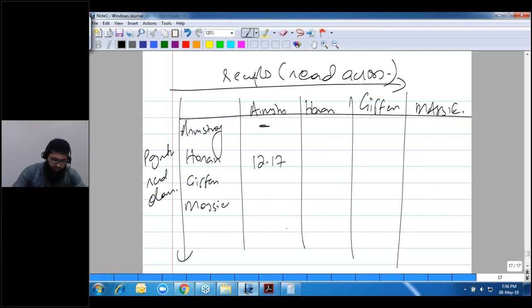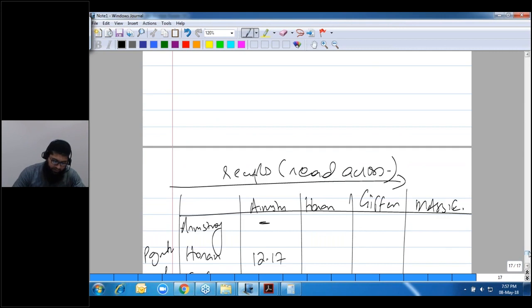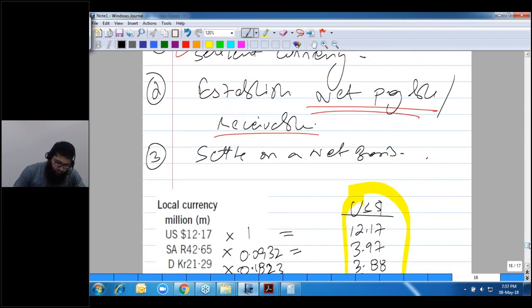For the payments, you need to read downwards, and for the receipts, you need to read across. So you need to put the transactions in terms of dollar in this specific matrix. How exactly are we going to put it in this matrix?